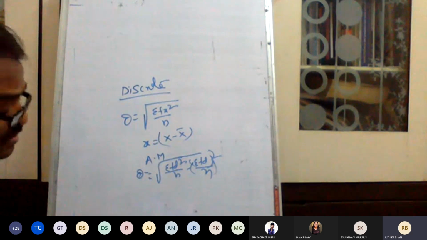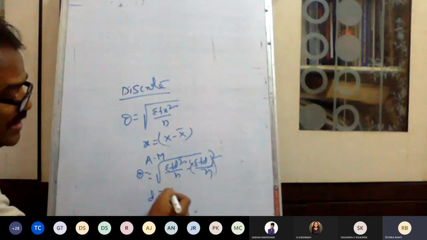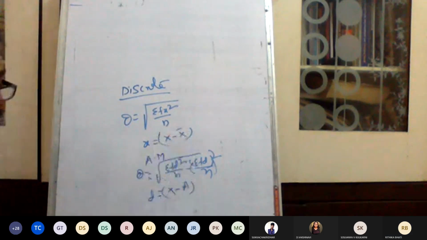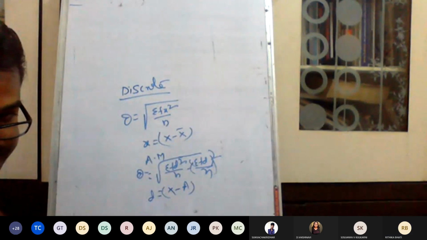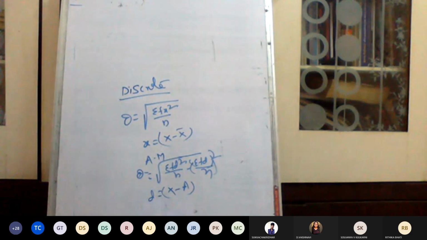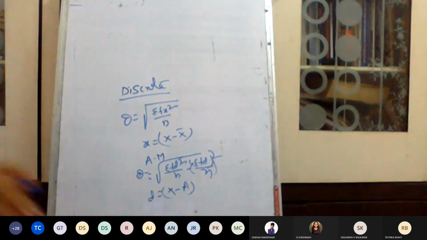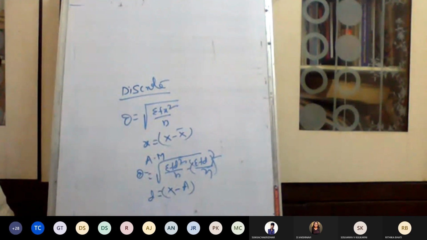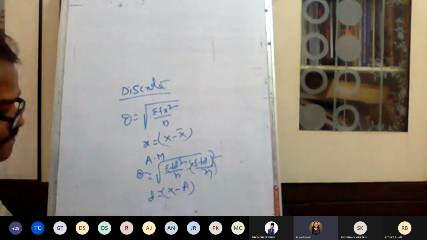Here a is the assumed mean for the discrete series, and d is equal to x minus a. Sir, can you repeat the formula of assumed mean?